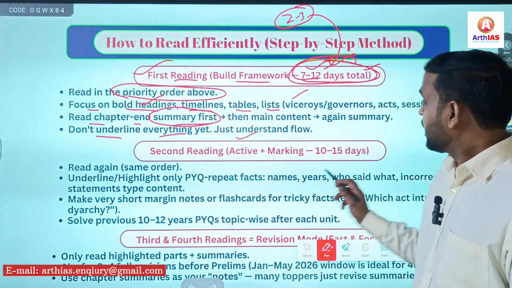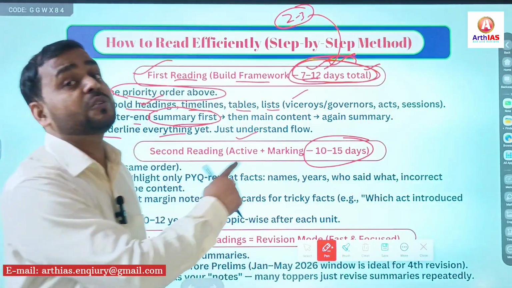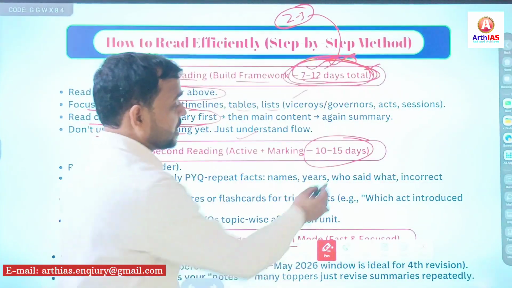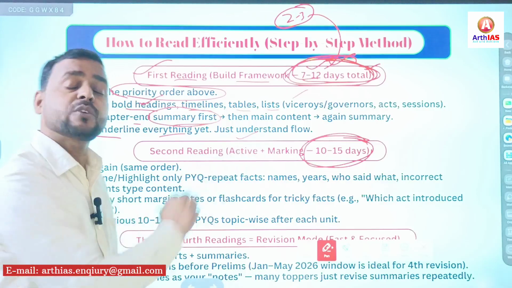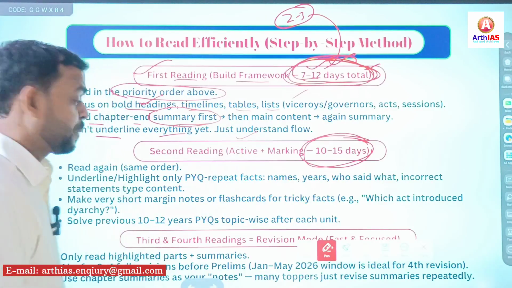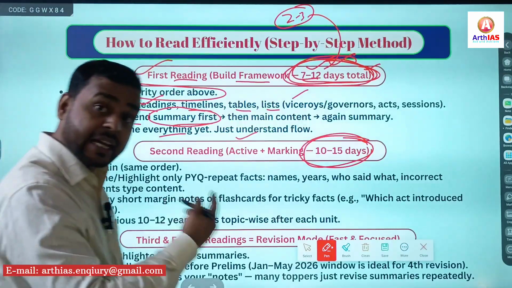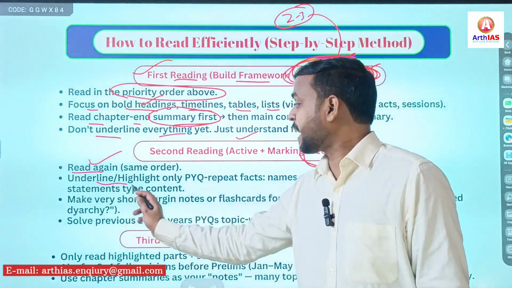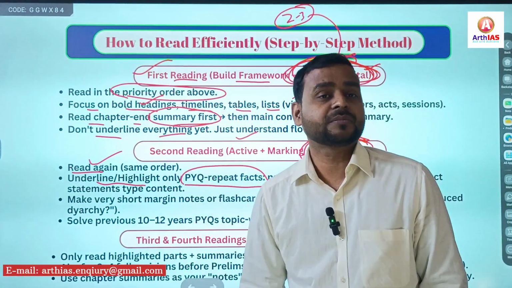Second reading. So your second reading should be completed within 10 to 15 days. So first reading 7 to 12 days, second reading within 10 to 15 days. Simple. Next, here again read in the same order that I have told you, and underline or highlight only PYQ repeated facts.